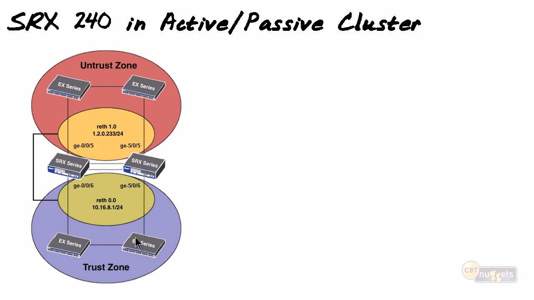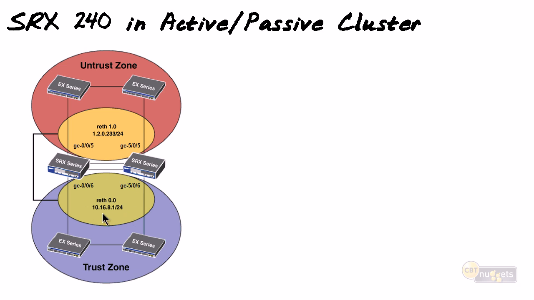So in the trust zone here, we've got our redundancy group 0. Each one of these interfaces on the first one here, we've got our node 0. We have gigabit Ethernet 0/0/6. Over here on node 1, we have interface gigabit 5/0/6. These are both in redundancy group 0, and the redundant interface reth0.0 represents this redundancy group.